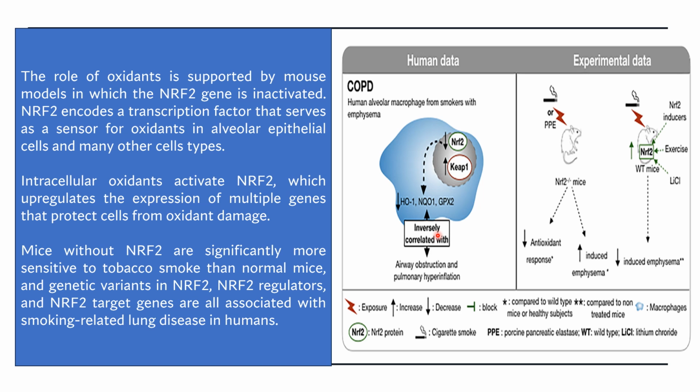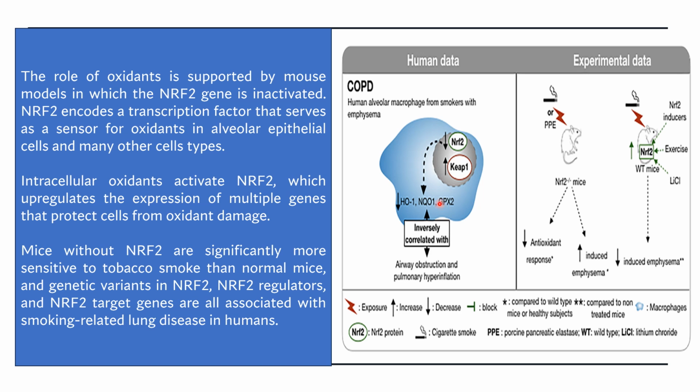So there will be upregulation of multiple genes that will ultimately protect the cell from oxidant damage. The oxidant is first released by inflammation, by smoke or anything else. Then that will activate or stimulate the NRF2. NRF2 will act as a transcription factor and upregulate multiple genes that will protect the cells from oxidant damage.